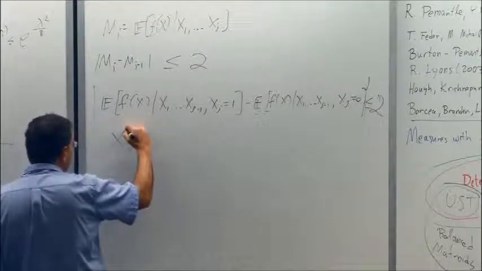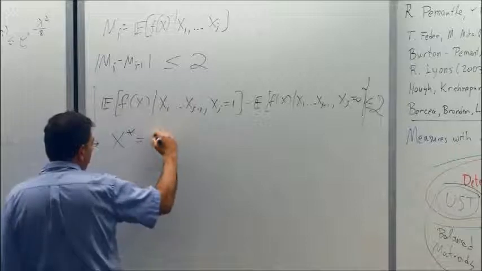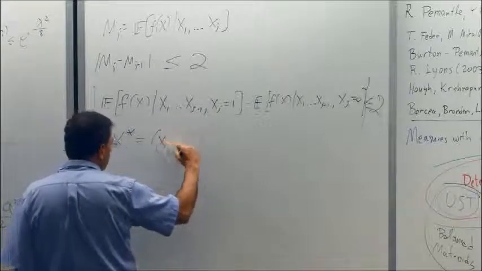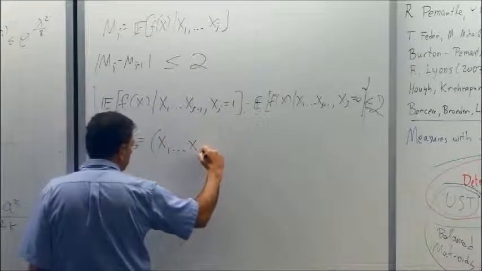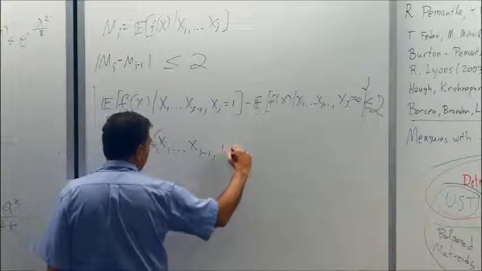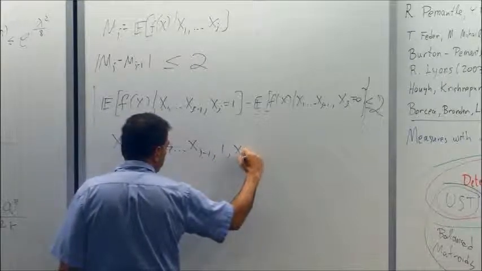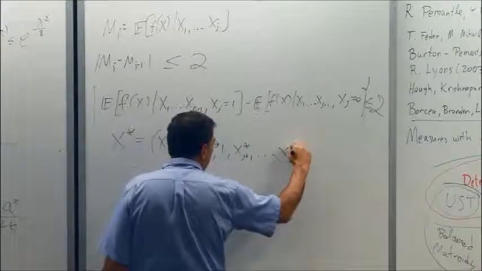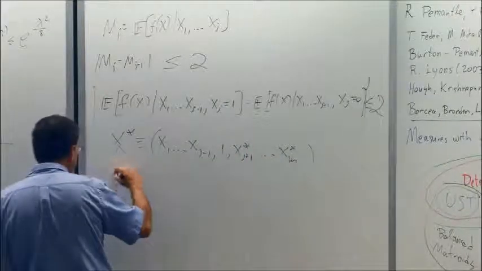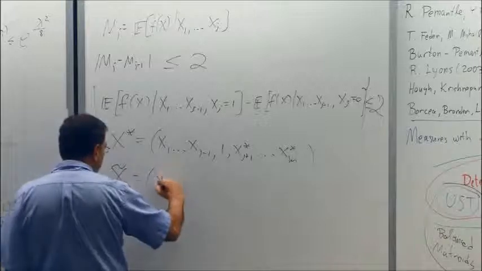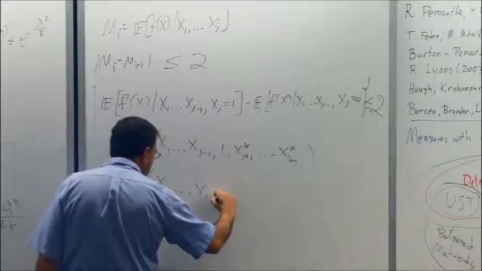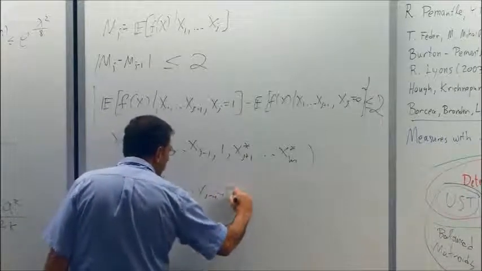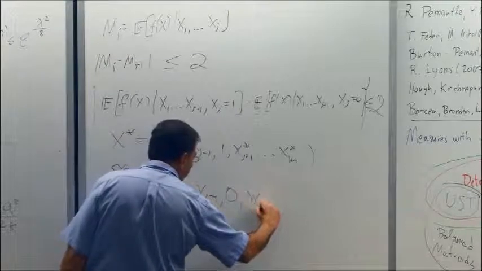To do that, we can build x star, which will have the following form: x1 up to xj minus 1, then a 1, and we'll somehow complete it to x star j plus 1 up to x star m. And we'll build x tilde, which will have the same thing, but now we'll continue with a 0 and finish it somehow.